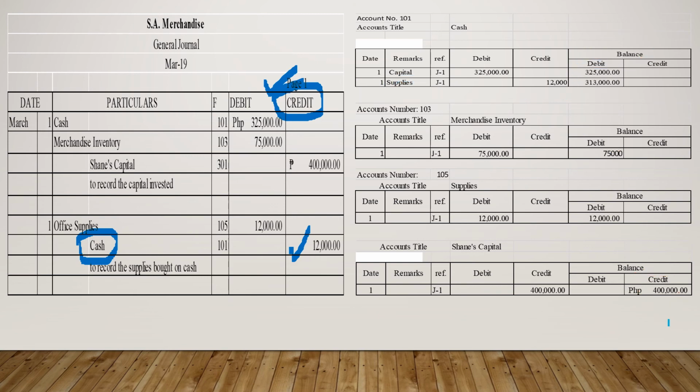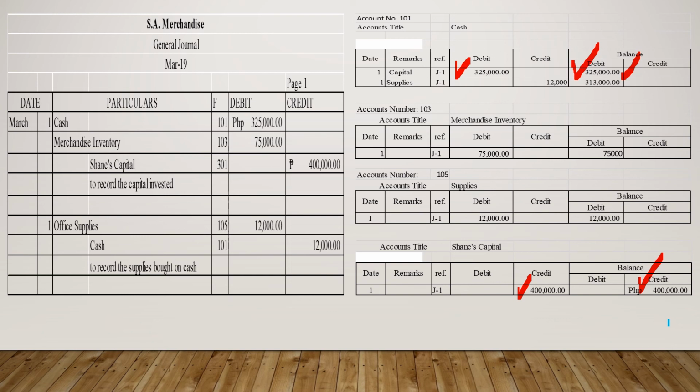The first one is tinuturo ko kung ang negosyo ay bagong bukas lang naman, kung saan yung first entry niya, yun po ang kanyang balance. Ibig sabihin kung ito for example cash, ang first entry nasa debit, so ang kanyang balance din ay dapat nasa debit. Say for example, ang Shane's Capital nasa credit, so sa credit nyo din siya ilalagay.